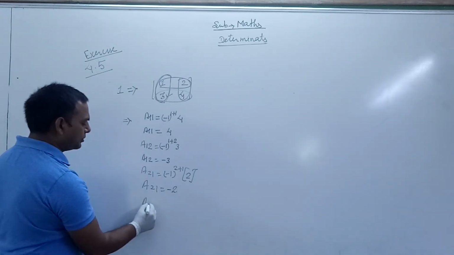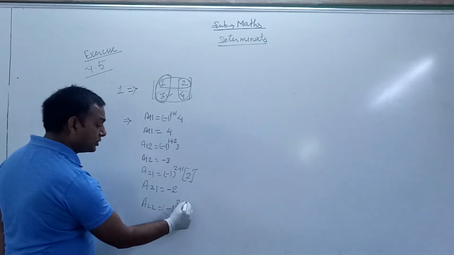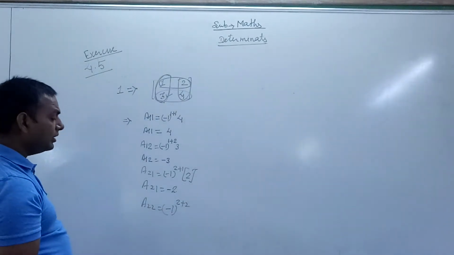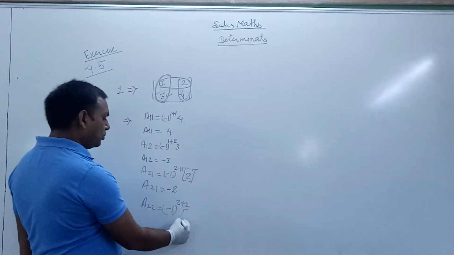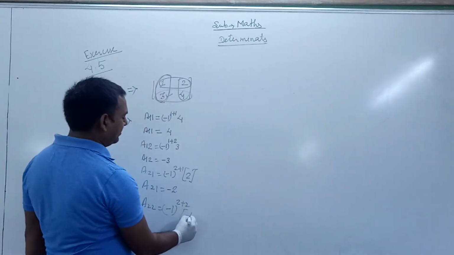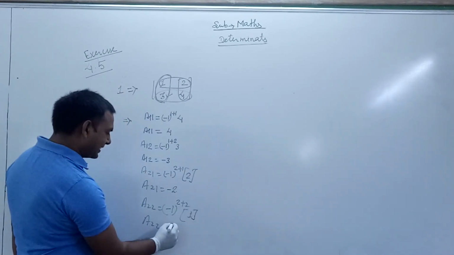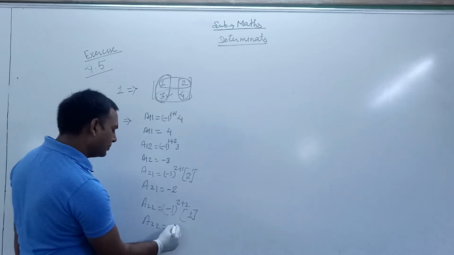After that, A22 means minus 1 to the power 2 plus 2. Then you remove the second row and second column. If you remove the second row and second column, the element is 1. So A22 is equal to 1.